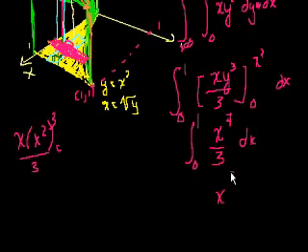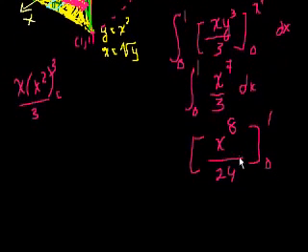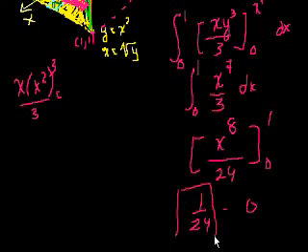You get x to the 8th over 8, and we already have a 3 down there, so it's over 24. And you evaluate that from 0 to 1, and I think we get the same answer. When you evaluate it at 1, you get 1/24 minus 0. So once again, when we integrate in the other order, you still get the volume of the figure being 1/24 whatever cubic units. Anyway, see you in the next video.